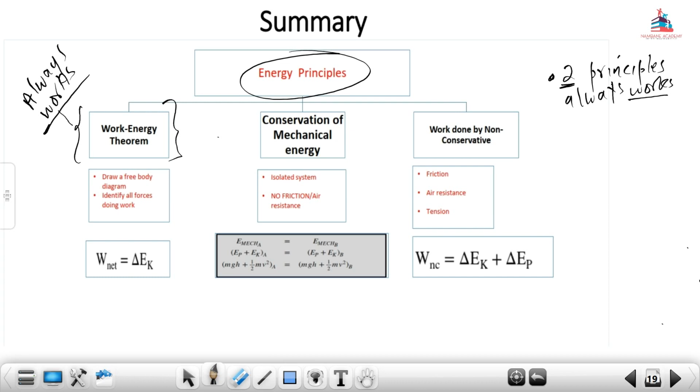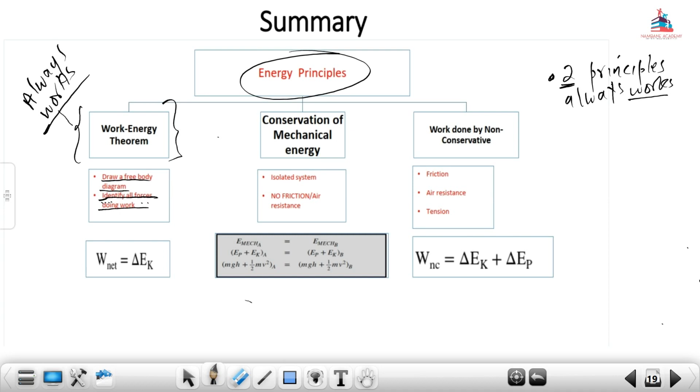So it says to me, ensure that your free body diagrams are correct, because with work energy theorem, we need to identify all the forces that are doing work. Then we need to draw a free body diagram. So once the free body diagram is correct and the identification of forces is correct, then it's easy for me to apply work energy theorem.